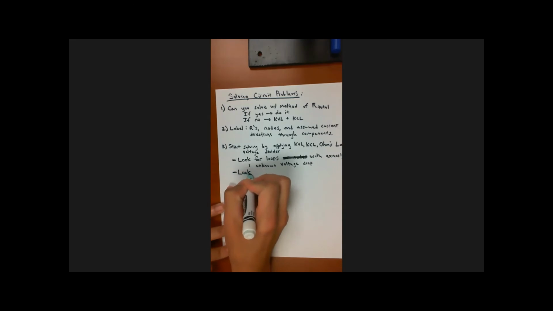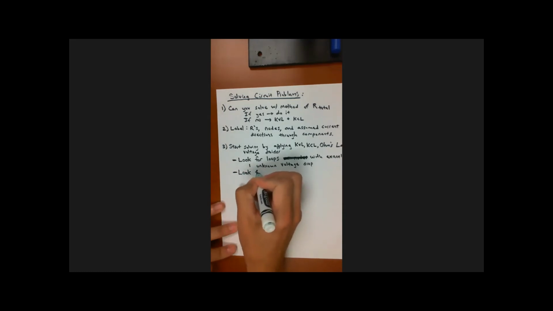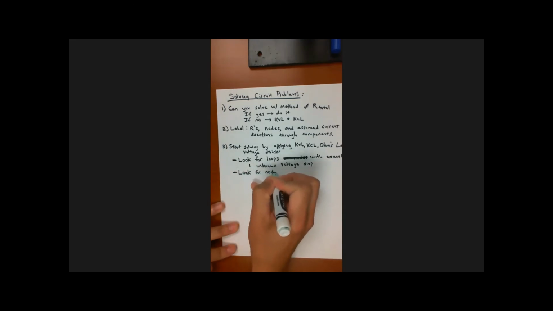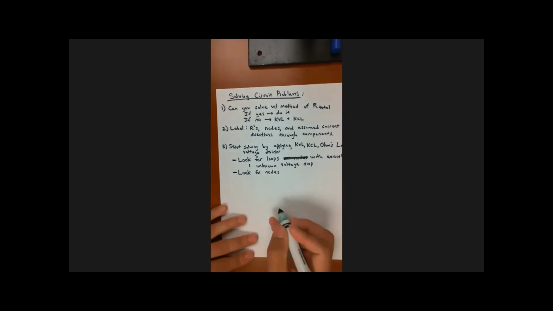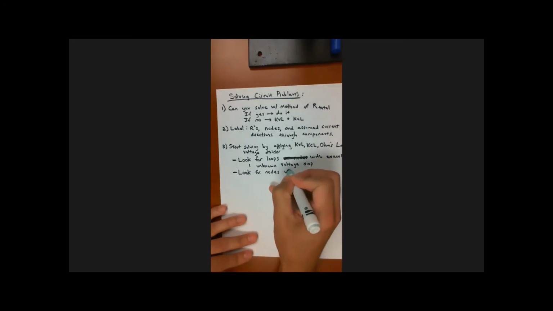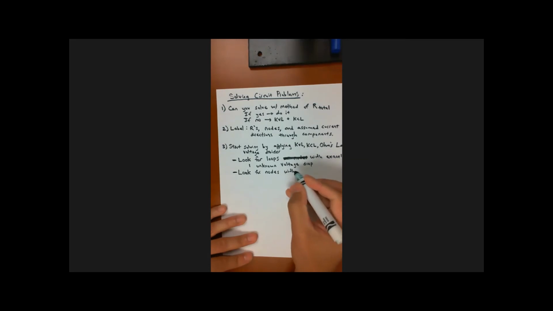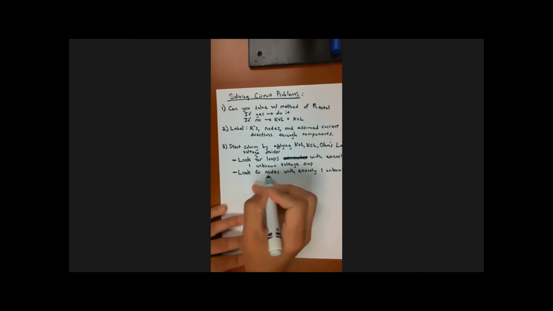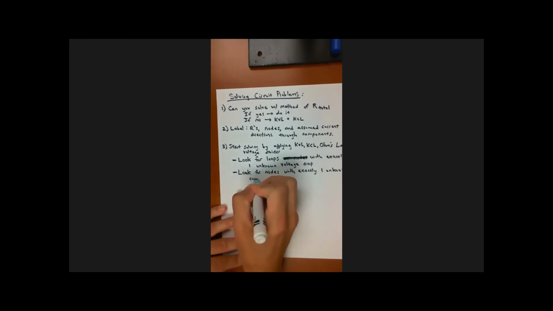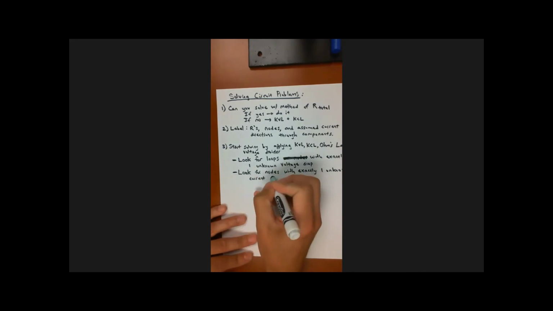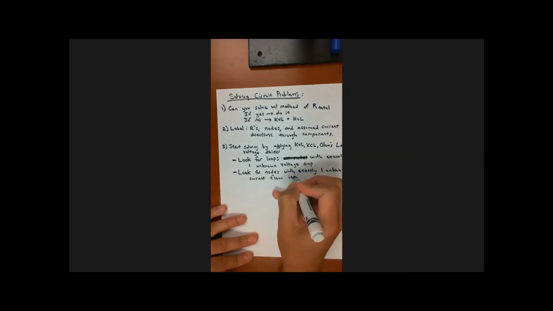This is equally helpful: look for nodes with exactly one unknown current flow into or out of them.